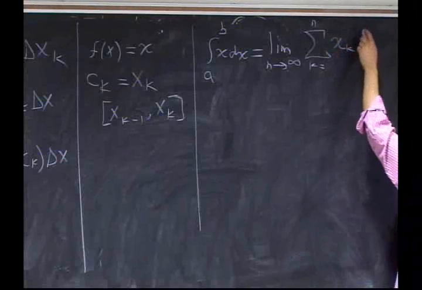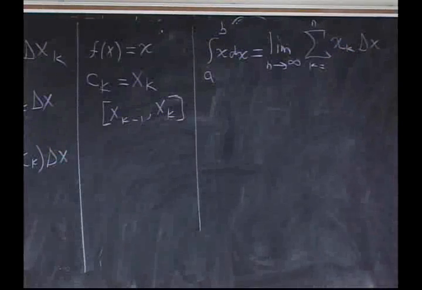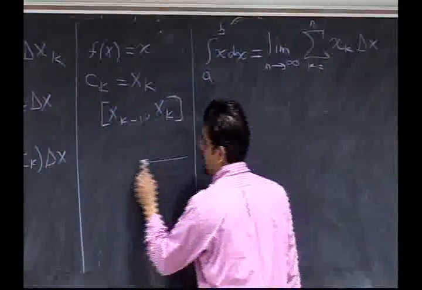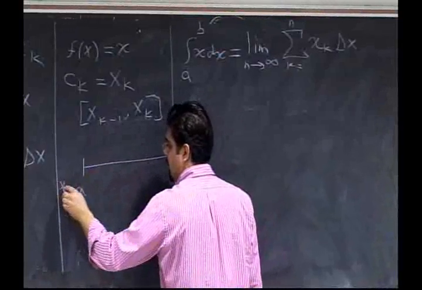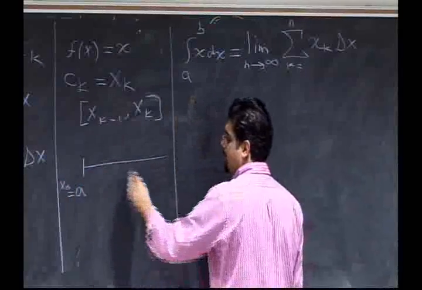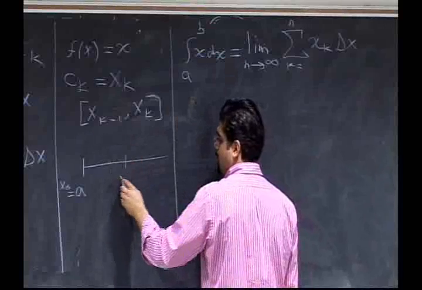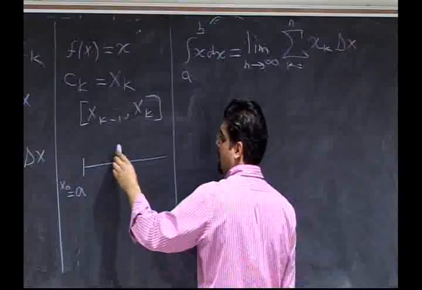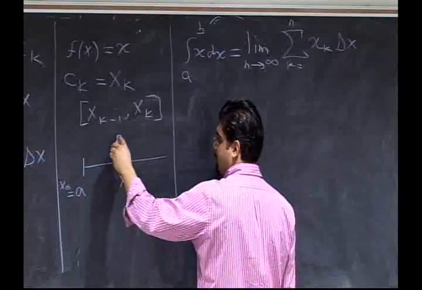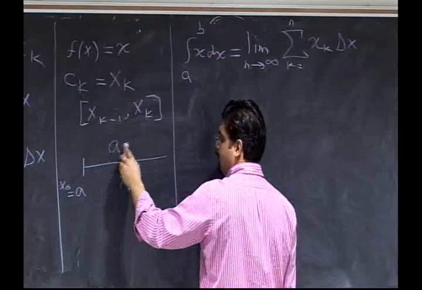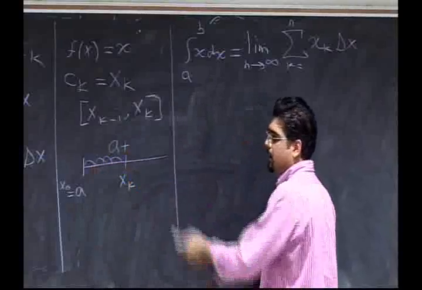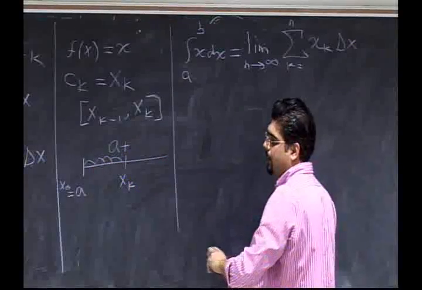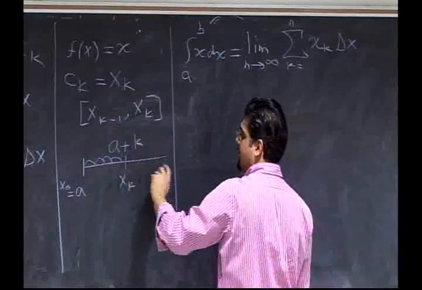And delta x is delta x. Let's figure out what x_k is. If this is a, and that represents x sub 0, and x_k is somewhere here, then that's the same as saying a plus how many subintervals we go to the kth subinterval: k times delta x.